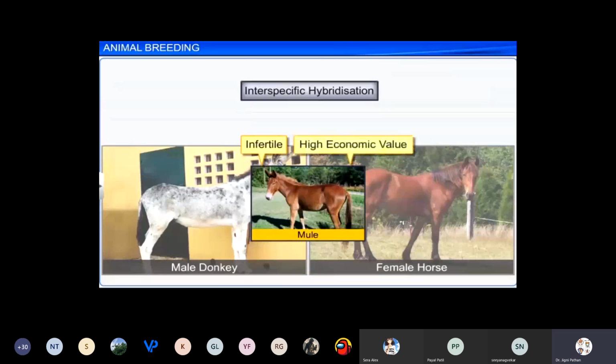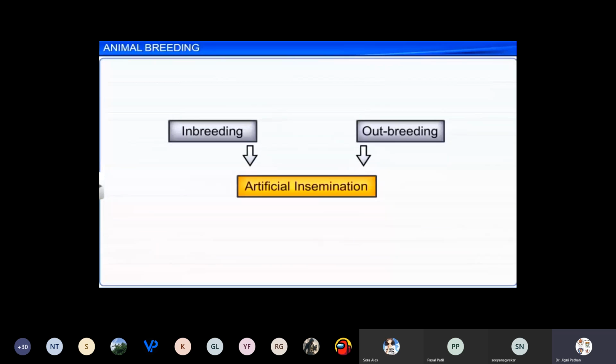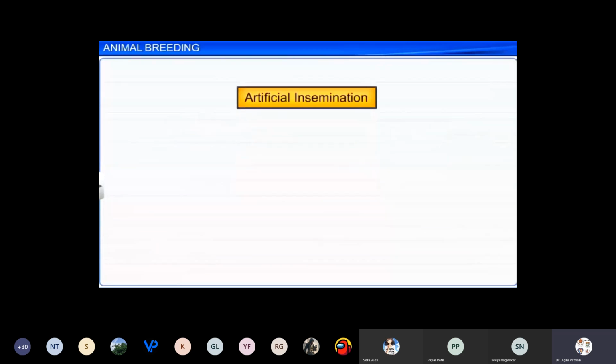Both inbreeding and outbreeding can also be carried out using controlled breeding experiments. Artificial insemination is one such method. In artificial insemination, semen is first collected from the superior male.